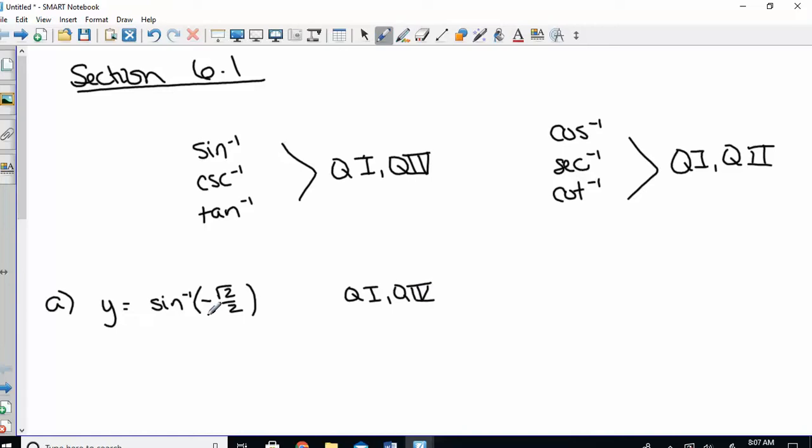Because this was a negative, that meant we were going to be in quadrant 4. So the question is really just, when does sine equal radical 2 over 2? 45 degrees, so that's your reference angle. Then 45 degrees in quadrant 4, so 360 minus 45 is 315. When you have an inverse, you get only one answer.